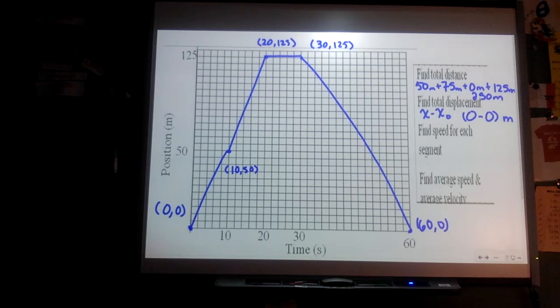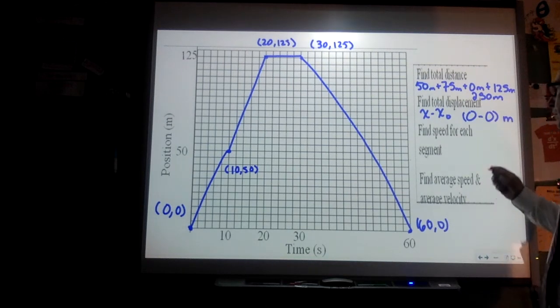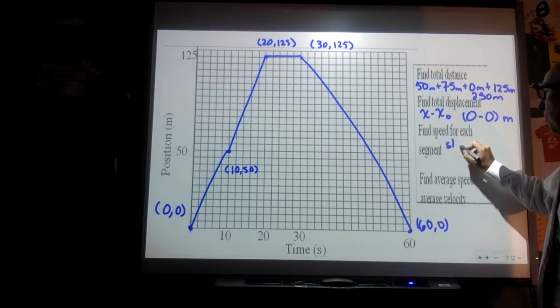I'm going to find the speed for each of the segments. So to find the speed, I'm going to find the slope.